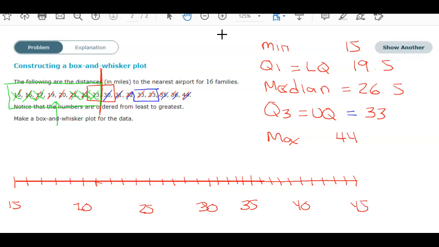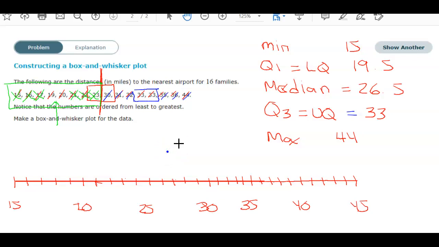Okay, so I like to do the median first. The median is going to be 26.5. So this is 26, this will be 26.5, so I'm going to put a dot. I'm actually going to make this a little bit larger too, maybe you guys can see it better. So 26.5 is going to go right about there.